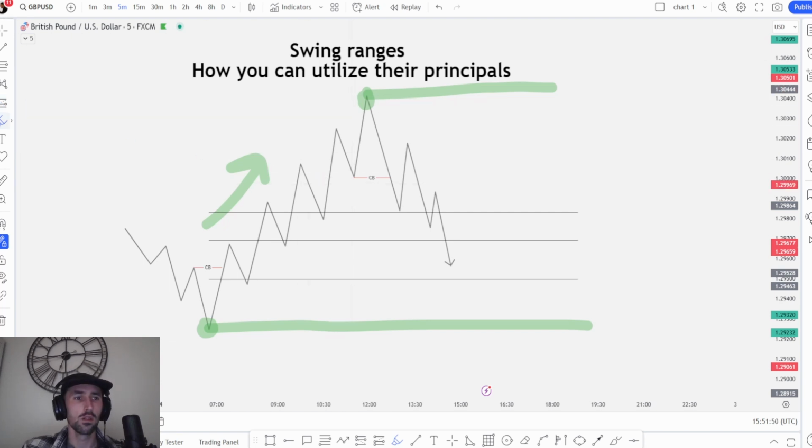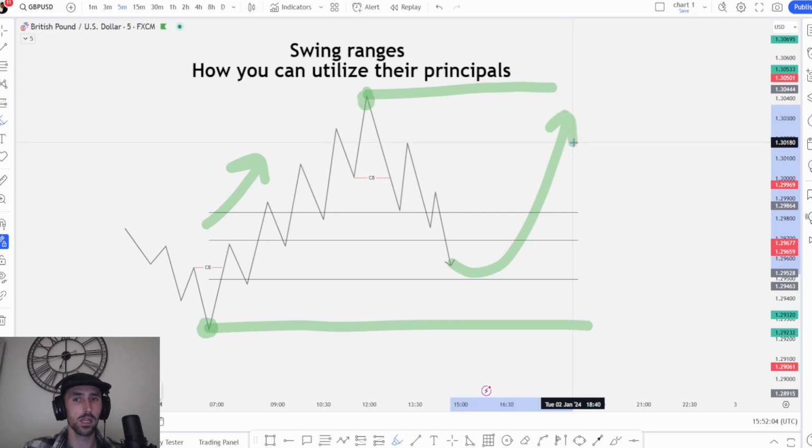So the main reason I have the 50%, 61 and 78 is because, again, if you've seen the fib tool before, you will know that the 61, 78 is a very good and very common point for price to reverse and continue in the direction of the pre-established range.